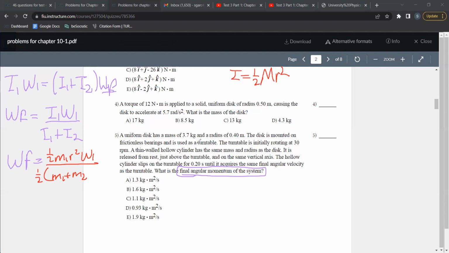Oh, they have the same mass. So it would just be m1 and m1, just because they're both the same mass. It's the same variable, so it doesn't matter. R squared.